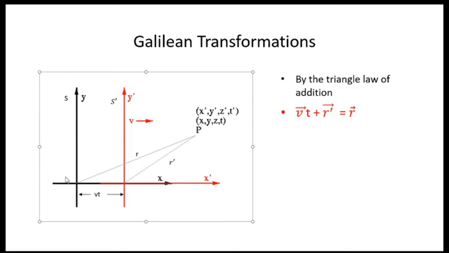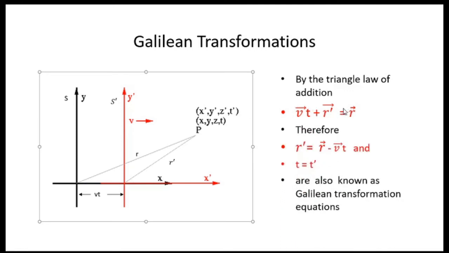Observe this triangle. From here it is coming here, to the point P, and then this is another vector. If you apply the triangle law of addition, then we get vt plus vector r dash is equal to r. Therefore, we get r dash is equal to r minus vt and t is equal to t dash. This relation is also called the Galilean transformation equation.